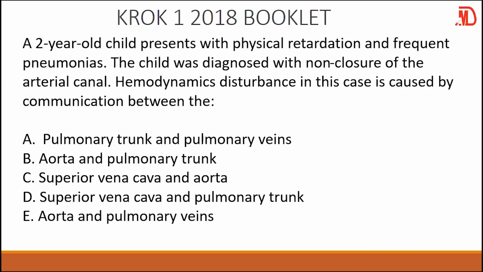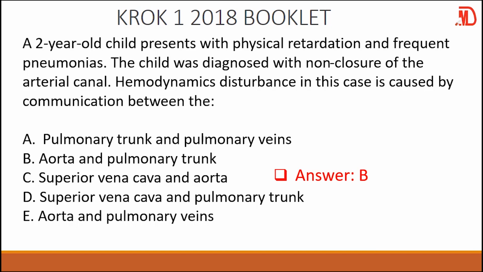Failure to close after birth results in a condition called patent ductus arteriosus and the generation of a left to right shunt. If left uncorrected, patency leads to pulmonary hypertension and possibly congestive heart failure, cardiac arrhythmias and developmental lag. So our answer here should be B, aorta and the pulmonary trunk.